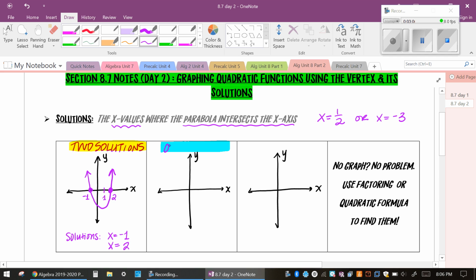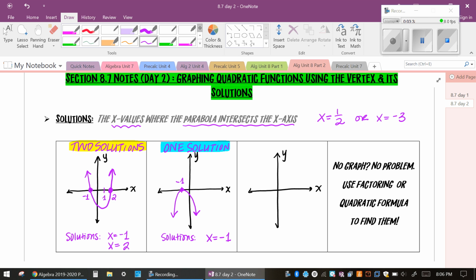That will occur if you graph your parabola, and it only intersects the x-axis once. So let's say that it intersected the x-axis at -1. Now let's draw this one opening down. Again, it can open up or it can open down. But in this case, you see how it only touches one time? So the solution would only be x equals -1 because it only intersects the x-axis once.